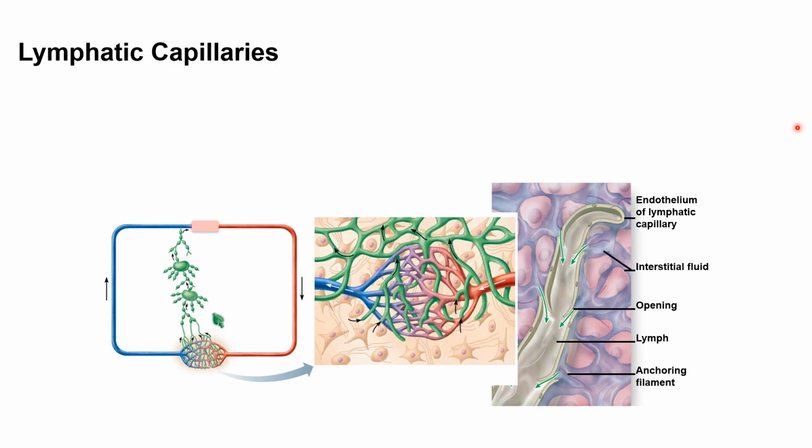Back up. When the pressure rises, the valves will open and the interstitial fluid can enter into the capillaries. The fluid is going to flow into the capillaries in a one-way direction, okay? There should not be any lymph leaving the lymphatic capillaries, okay, unless there's a malfunction.